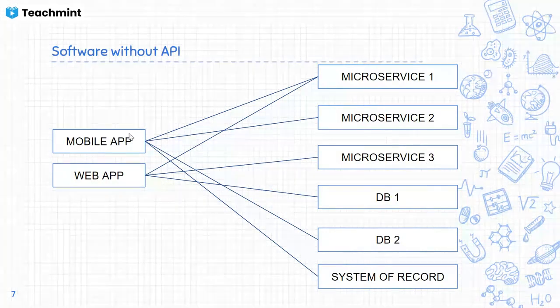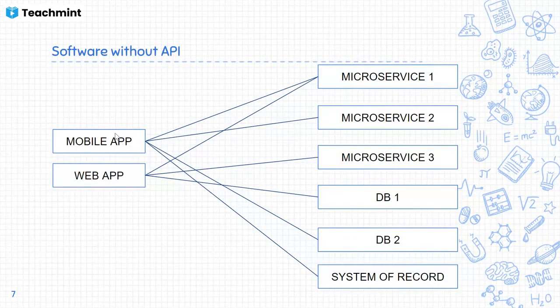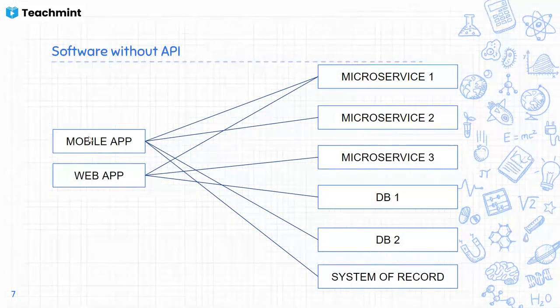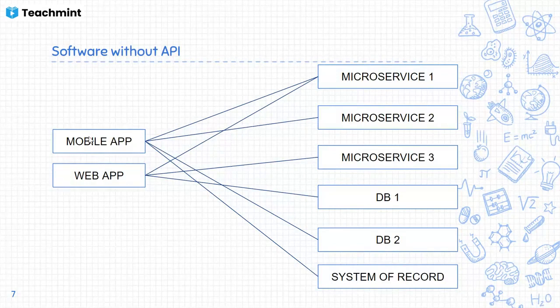Assume that this mobile application is built on Java. Now the basic skill of the developer will be Java, right? If he is developing an application using the Java programming language, then he must be a Java developer, which means he must have very good knowledge in Java but not in any other programming languages.